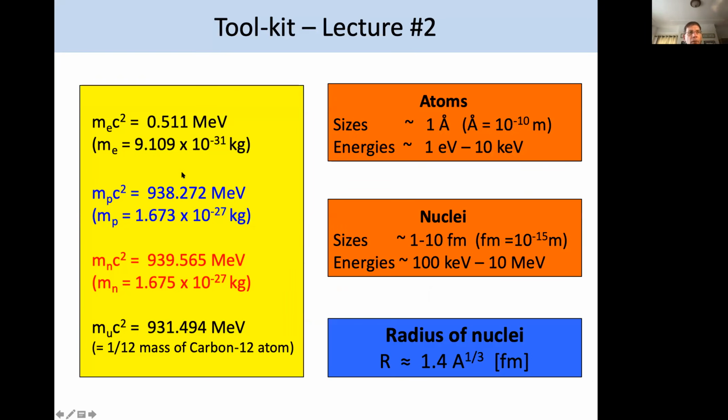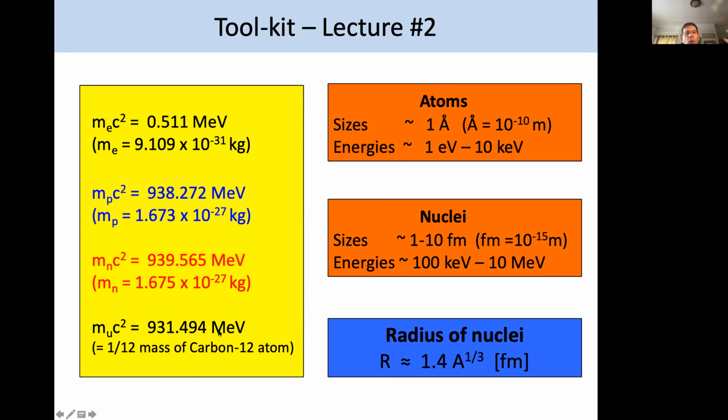So here are the things to remember in our new language, atomic and nuclear language, where we speak of electron volts or mega electron volts. The electron is about half an MeV, proton and neutron close to a GeV, very slightly different.